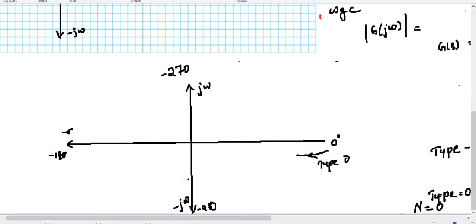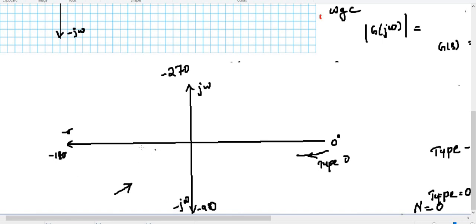And what is the quadrant? Corresponding to minus 180, the quadrant is this quadrant, which has angles between minus 90 and minus 180.